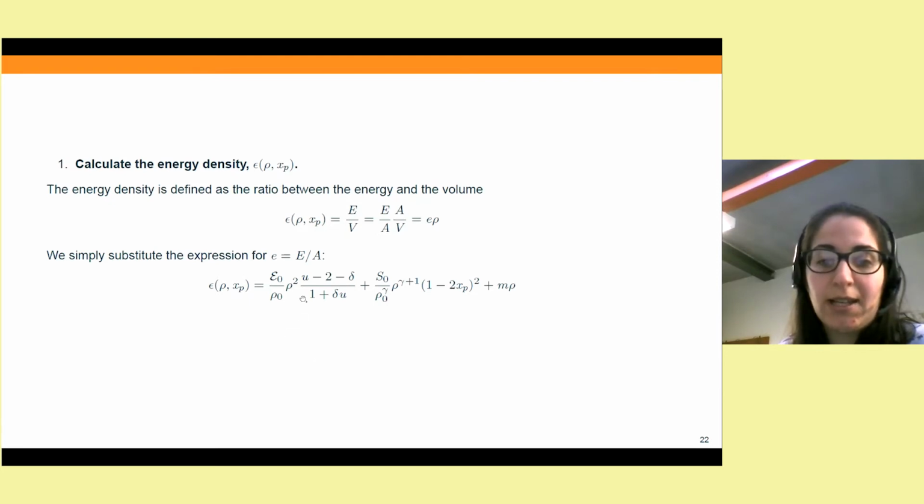I just changed where I had some u, which is density divided by saturation density. I substituted because I have density squared here, divided by saturation density, and here I have density to the gamma plus 1 divided by saturation density to the gamma.